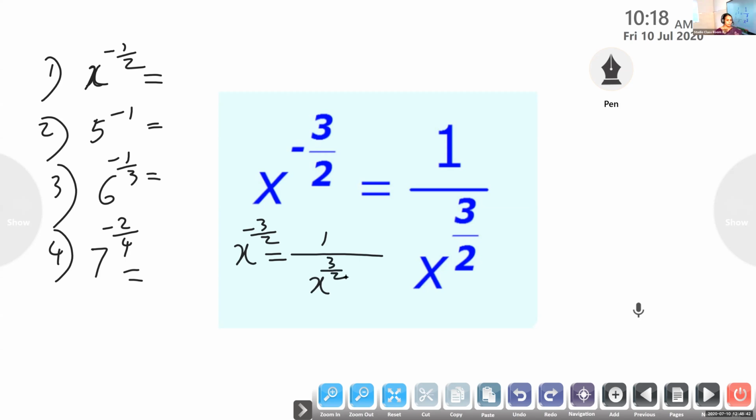Understood? Now you can do the answers for these questions: x raised to minus 1 by 2, 5 raised to minus 1.